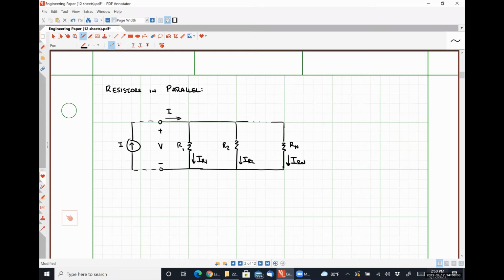That gives me current I is equal to IR1 plus IR2 plus IRN. I can now use Ohm's law to relate those resistor currents to that common voltage V.